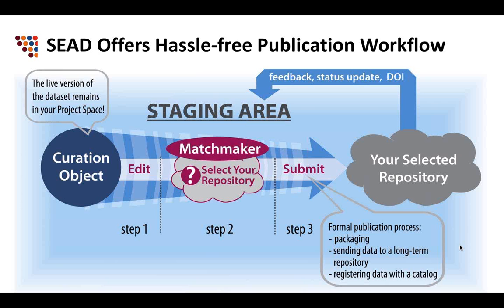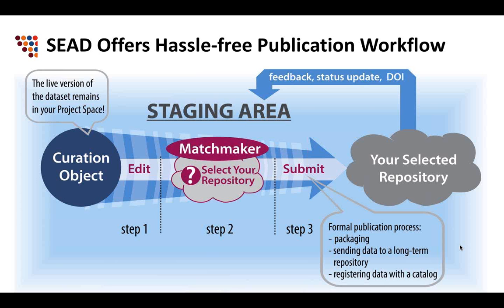Any changes you make to the curation object in the staging area will not affect the live version of that data set in your active project space, where you can continue working on it and submit new versions for publication over time. There are 3 easy steps that will guide you through the workflow in the staging area.